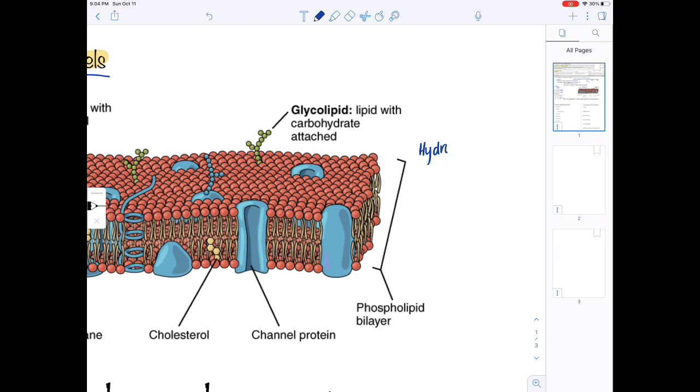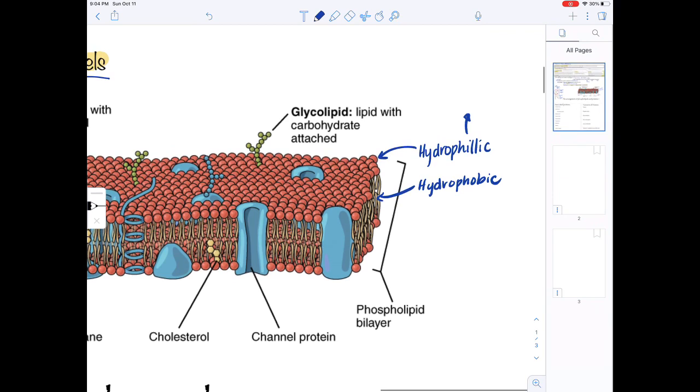So the heads are your hydrophilic area, and the hydrophobic area are your tails on the inside. The way that the layer is structured, we know that our hydrophilic heads are facing the outside.